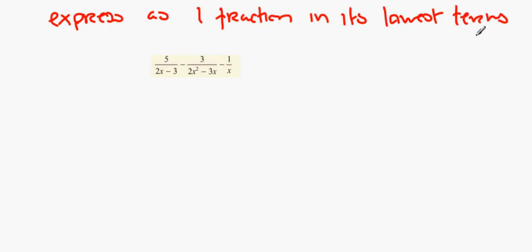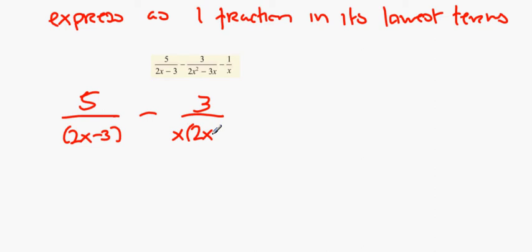So what I've got to do with this is look at them and factorize where necessary. So 5 over 2x minus 3, factorized there, we're going to get x bracket 2x minus 3, and finally 1 over x.